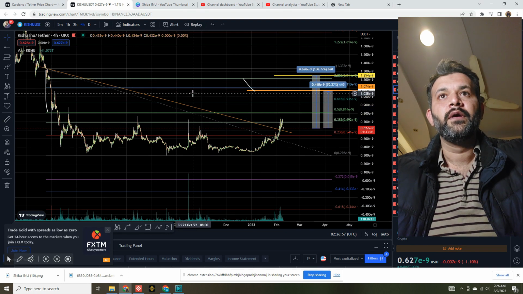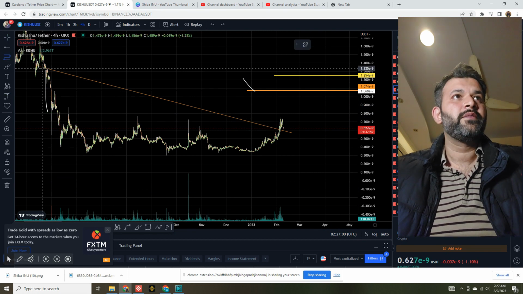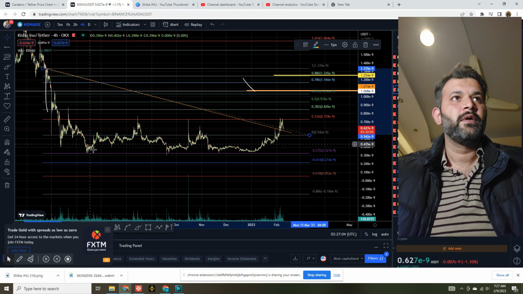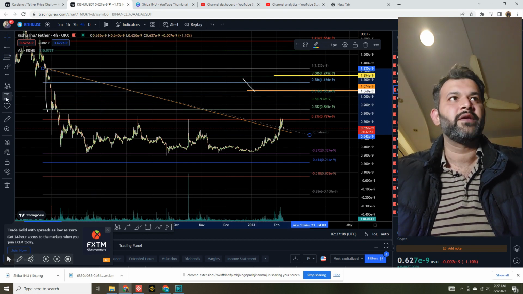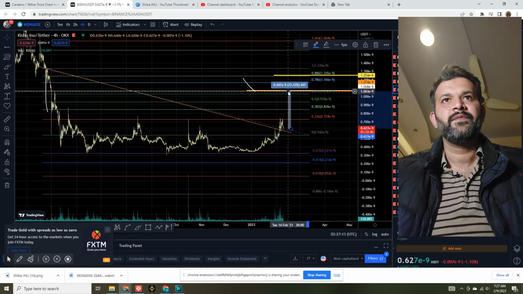Sorry, one second, guys. Let me show you again. I don't want to mess things up here. 0.618, 0.272, 0.886, we will see a retracement towards this area. So from the current price, this is our first target.